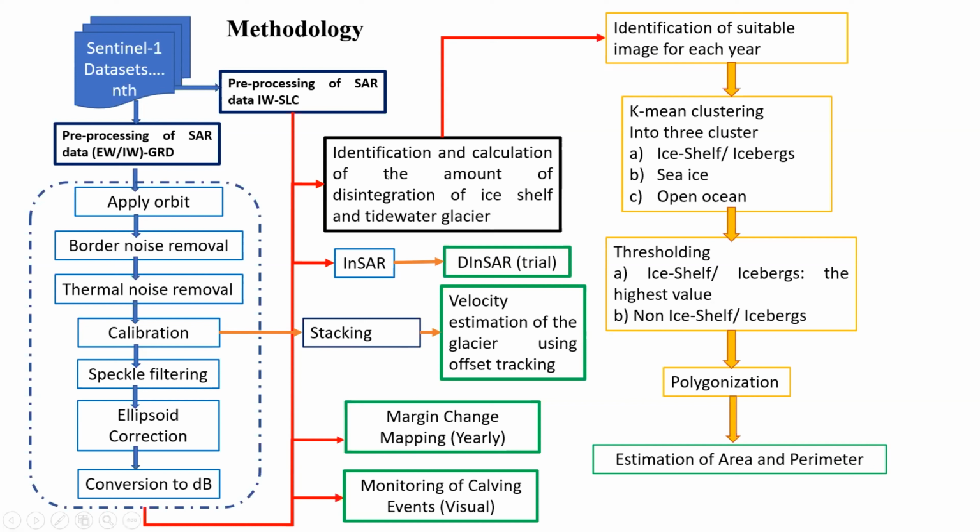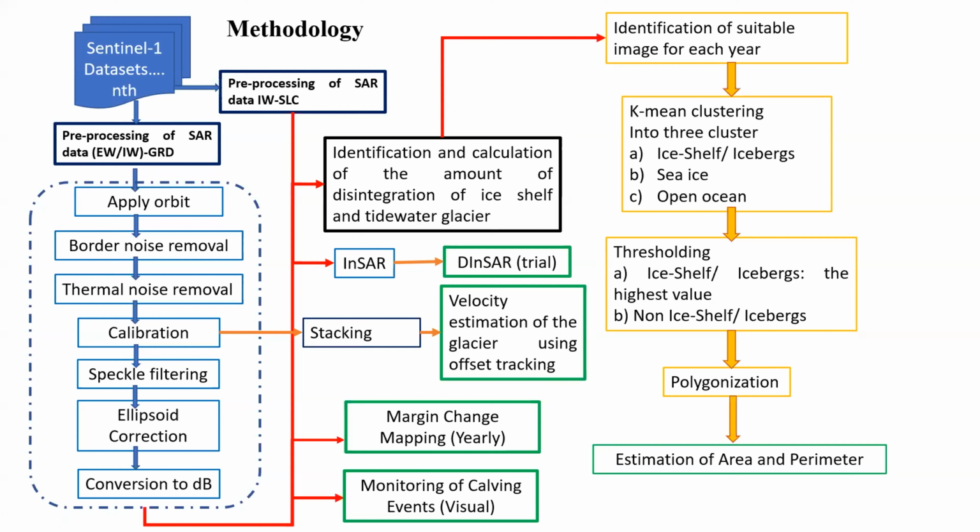Then we went for K-means clustering to identify the disintegration amount and the area change. In K-means clustering, our major focus was on the ice part, where we are considering only the ice shelf and icebergs. It was given 1, and the rest, sea ice and open ocean, were assigned 0.